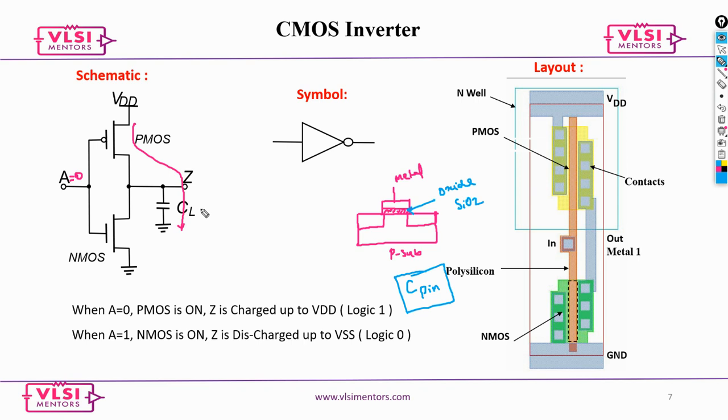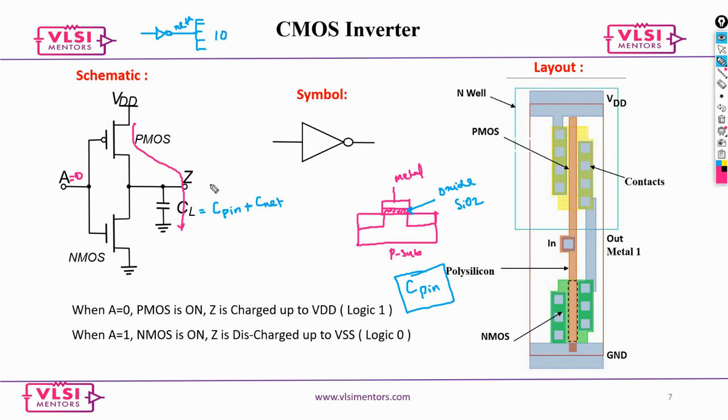Now when we say this C load, what it means is C pin plus C net. Just look at it this way. Say your inverter is driving a fan out of 10. This is your fan out of 10, and this is also called a net. Now what is the C pin?